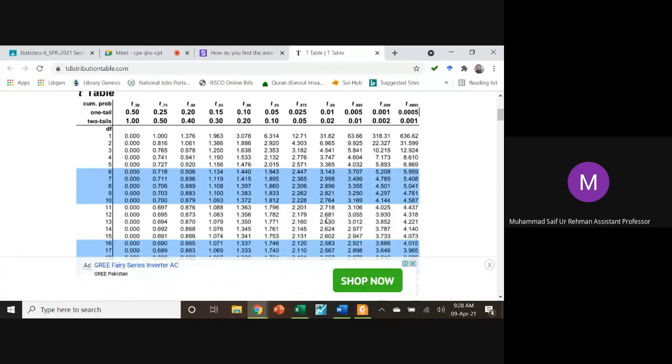It is not there, but it is in between 2.681 and 3.055. So you will take this value into your account, and whatever significance level is given against this value, you will take that. Against 2.681, the level of significance is 0.01. So this is your probability value, 0.01.